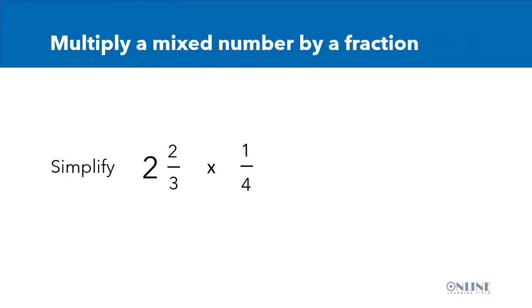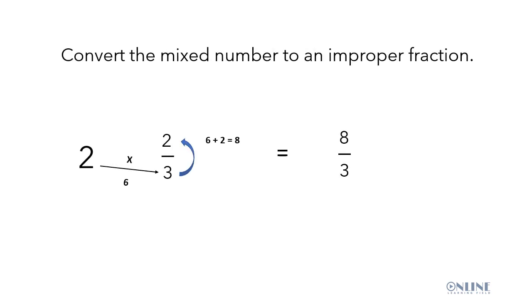Next, we are going to learn how to multiply a mixed number by a fraction. In this example, we are required to multiply 2 2/3 by 1/4. The first thing to do is to convert the mixed number to an improper fraction.